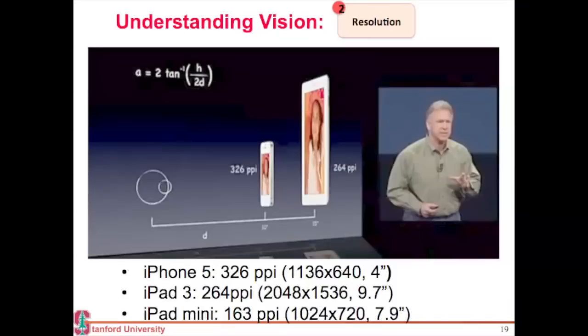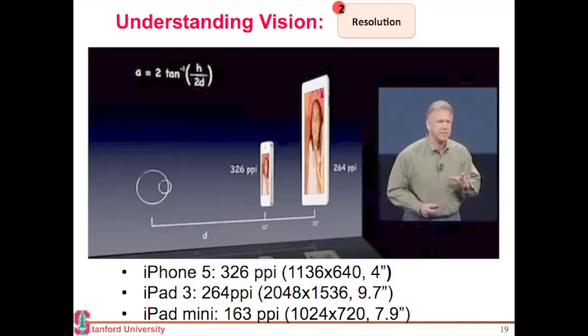So that requirement of half an arc minute, if you put it into that formula and substitute a d of 10 inches, essentially comes out to be anything more than 300 pixels per inch placed at a distance of 10 inches away.